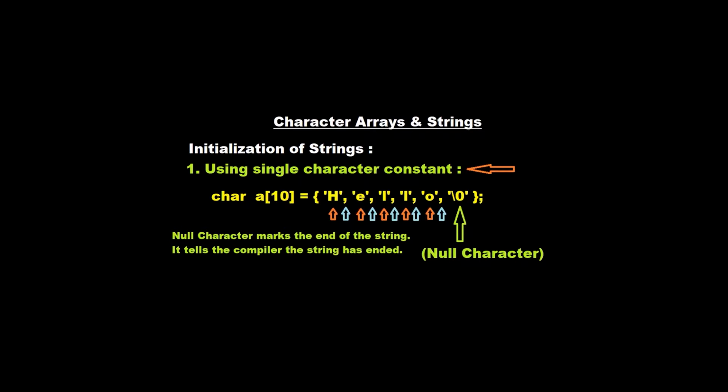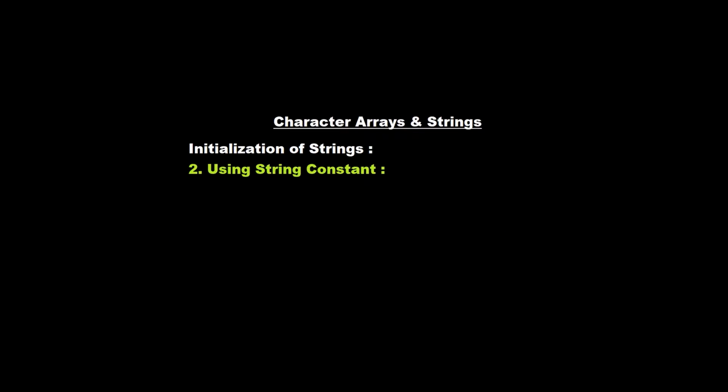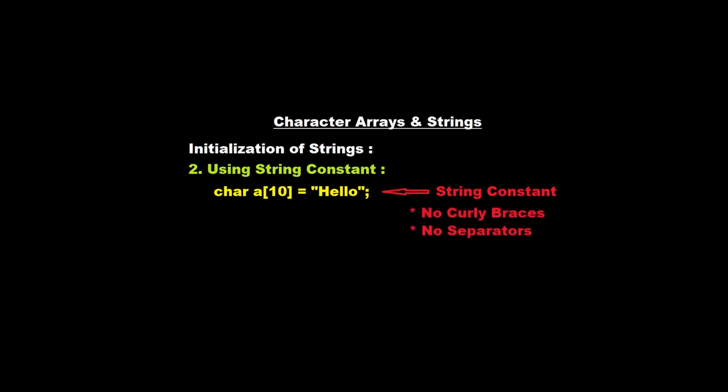Now let us move on to the second type of initialization of strings. The second type is using a string constant. Let me show you another example so that you can understand it. The example is char a of 10 is equal to "hello" inside quotes. Here we are using a string constant. In this case we do not have to use curly braces or separate individual characters inside quotes.